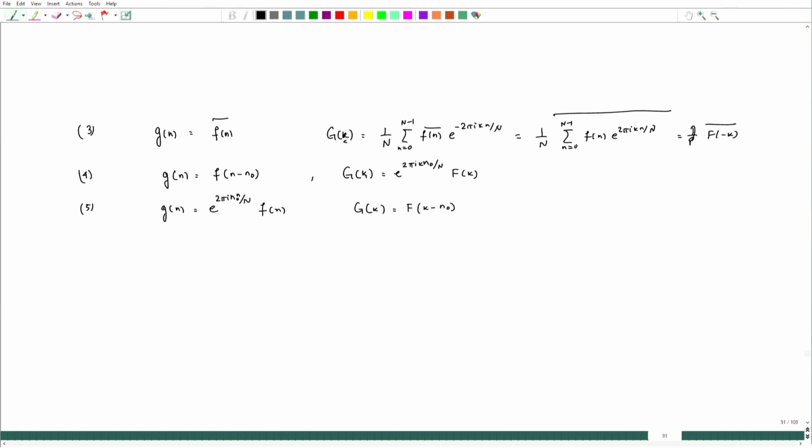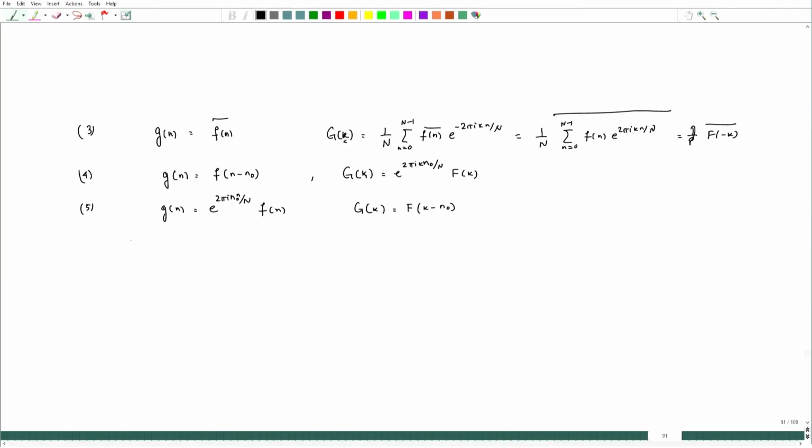Now, another important property that we exploited in the Fourier series case is the convolution. So, now we can define the convolution.